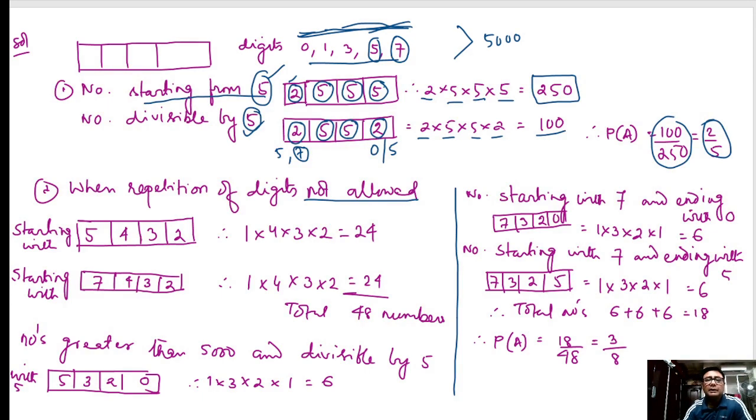So as you can see, they are telling that you are not allowed to repeat the digits, but your number has to be greater than 5000, and divisible by 5 also.